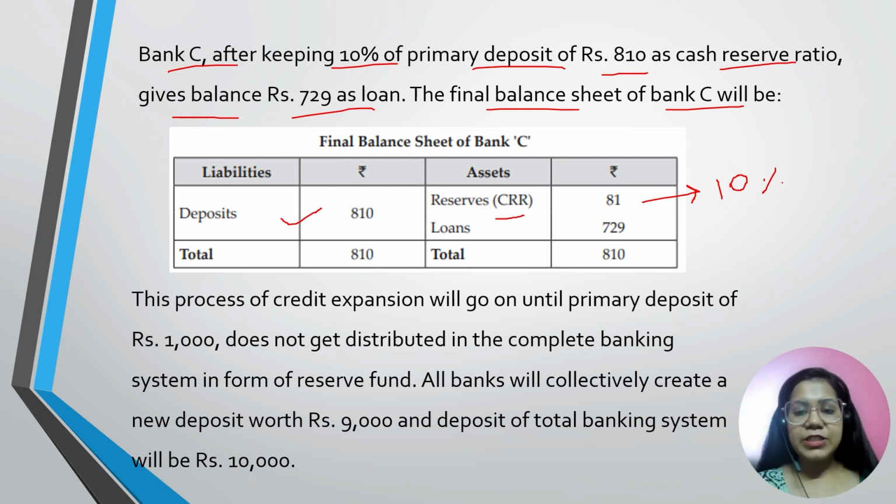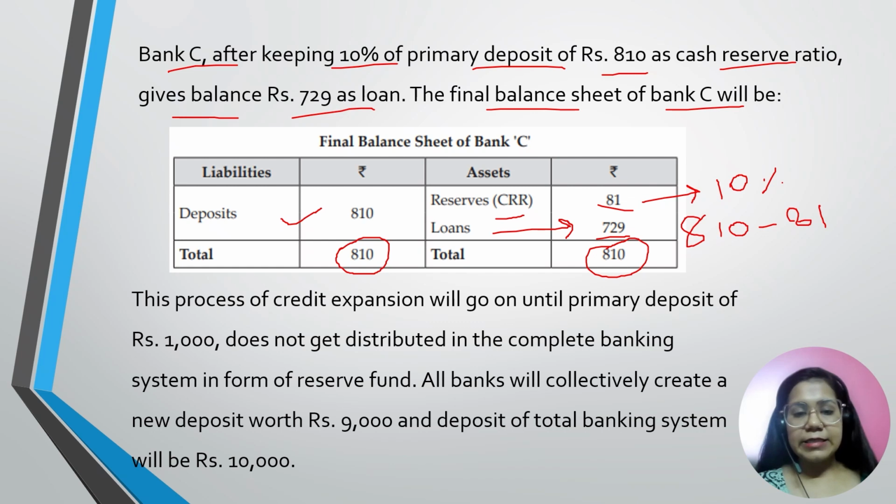The remaining amount, which was 729 rupees, was given out as loans. How did we get this 729? It was 810 minus 81. So again you can see the total of assets comes out to be 810. The total of liabilities is 810, and again our assets and liabilities are equal.